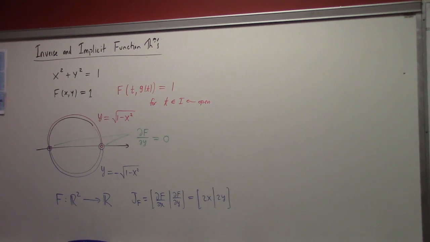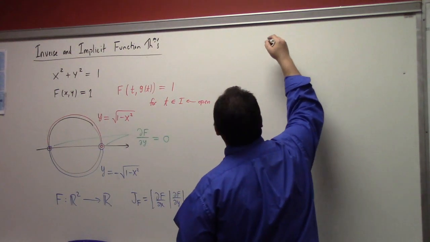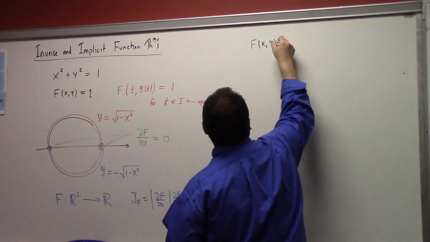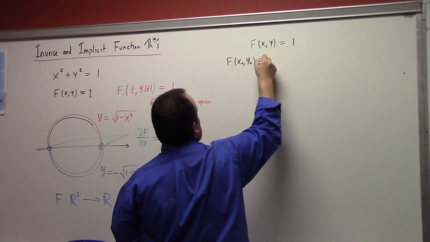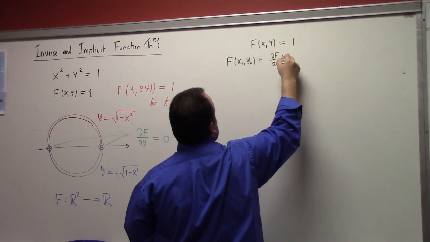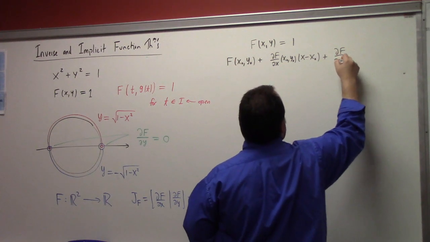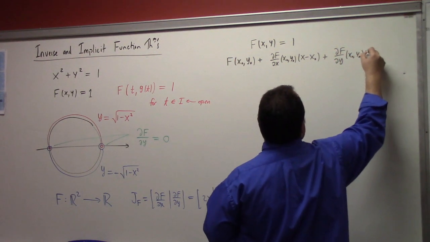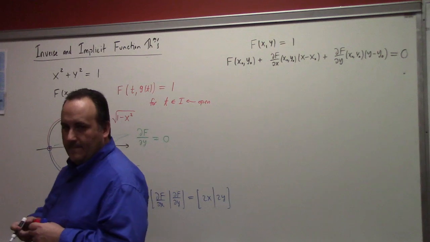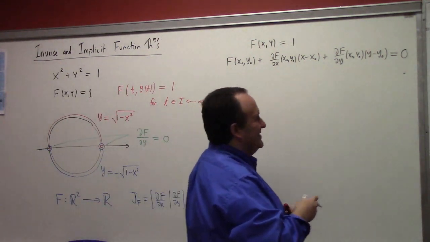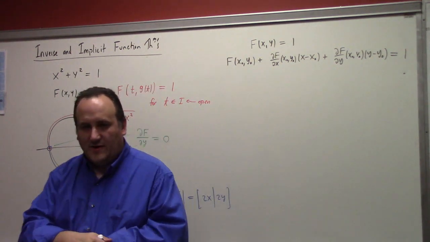So let's think about this in terms of the linearization for a second. We can write f of x comma y equals 1 approximately at a given point as f of x naught, y naught plus partial f partial x at x naught, y naught times x minus x naught, plus partial f partial y at x naught, y naught times y minus y naught, equal to 1.